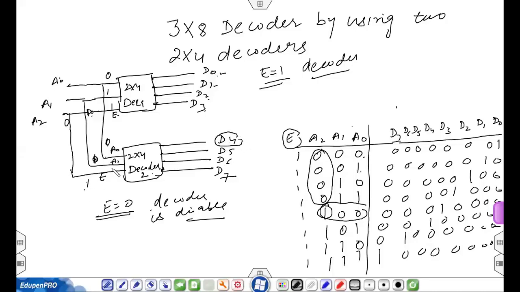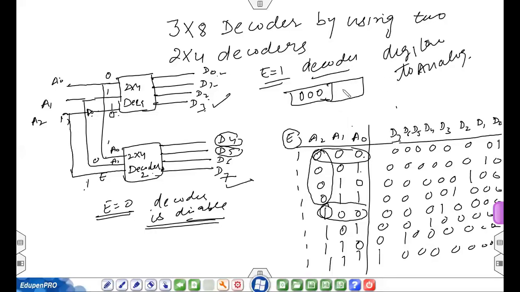Similarly, for the other cases, like suppose you are taking here 0 and 1, 1 and 0. In this way, if it is 0 1, again you can say it is D5. Why is it D5? Because your enable is 1. Suppose you are entering 111, what will be your output on the screen?